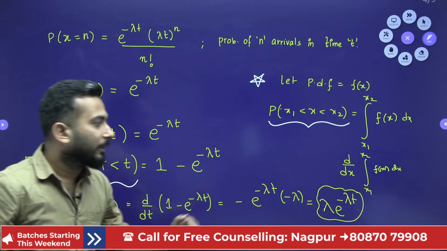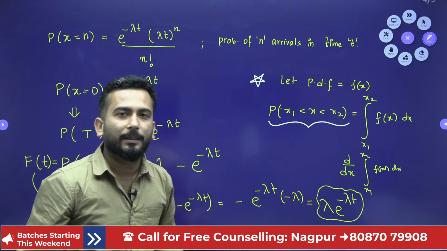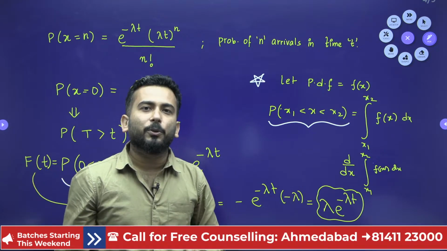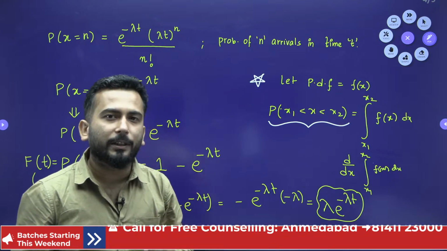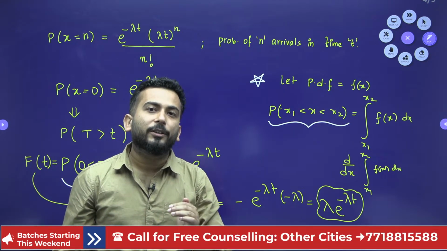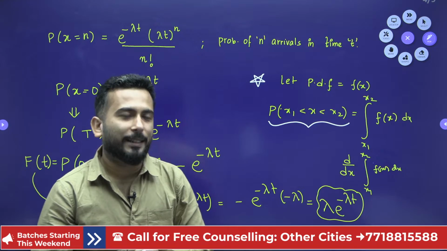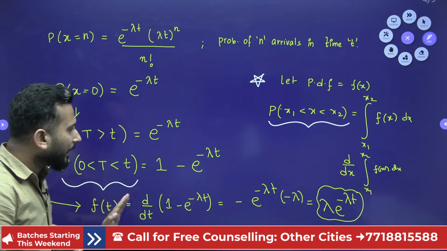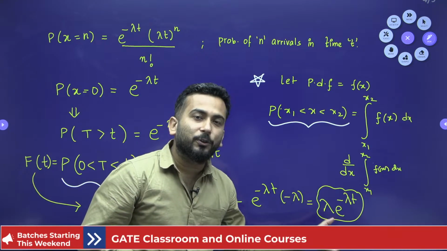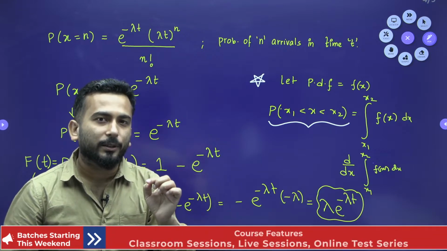My dear friends, what is this? This is nothing but your density function in the exponential distribution. Yes or no? This is nothing but the density function that you use in your exponential distribution.